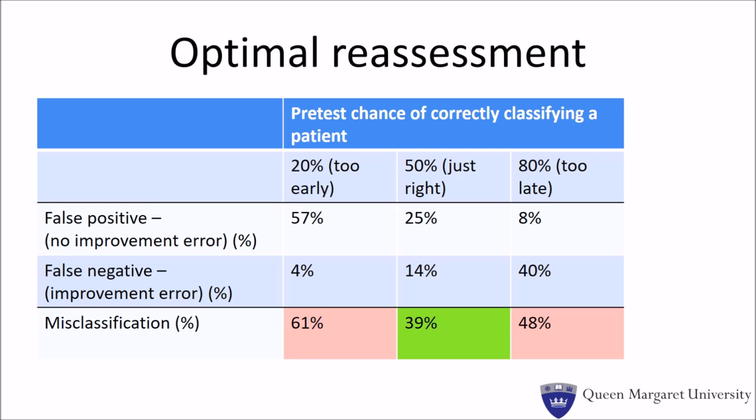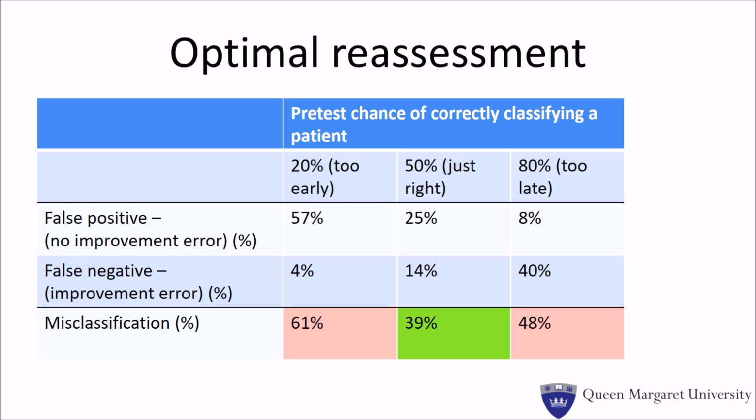As you can see in the middle column, when we optimally assess the patient, that is at just the right moment in time, the amount of false positive as well as the amount of false negative diagnostic inaccuracies is constrained so that the total amount of misclassification is standing at 39%. Now, on its own, that figure does not mean anything.